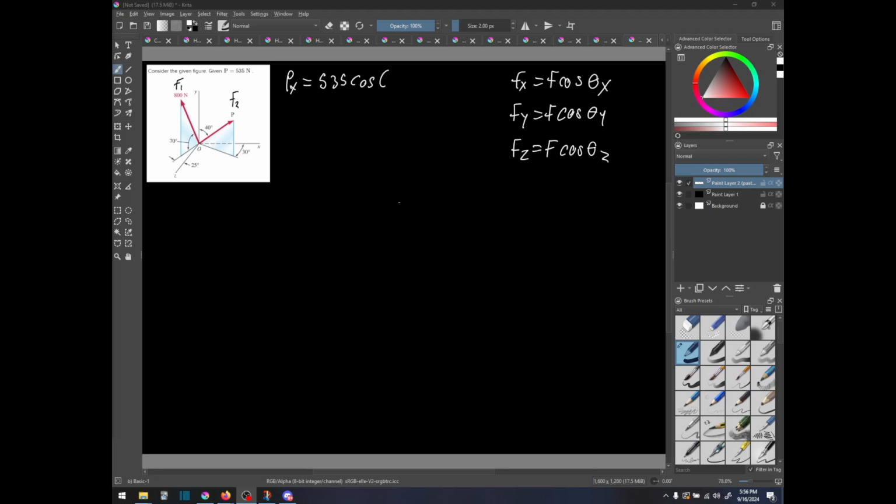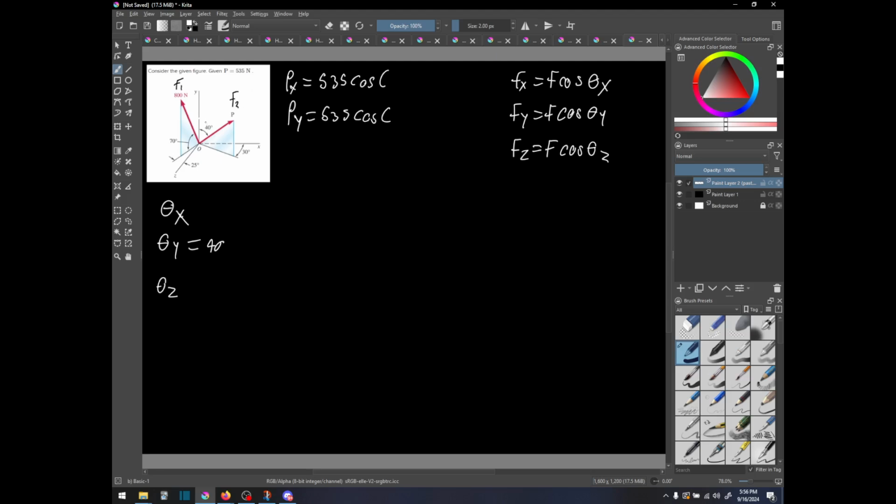Also, oh my gosh, I take back everything that I just said. Give y 535 cosine theta y. You know what? Theta x, theta y, theta z. You know what theta of y is? It's 40.